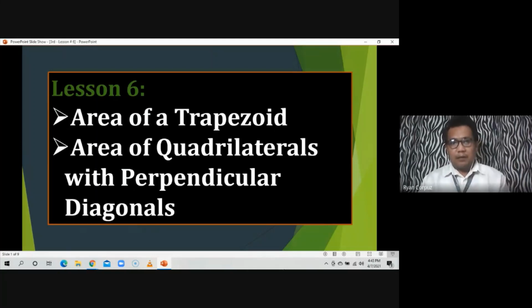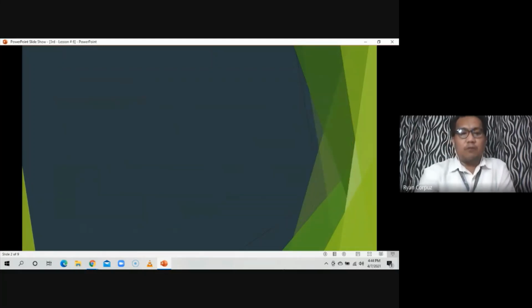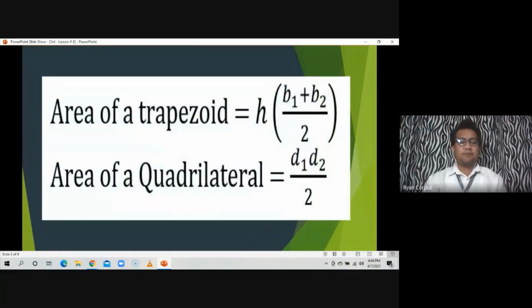So di ba mas maganda if we are going to follow certain pattern or we call it formula for us to solve for a certain things that we are looking for in the problem. So, in order for us to solve what we are looking for in the problem in this lesson, these formulas will help us. So, we do have two formulas here.